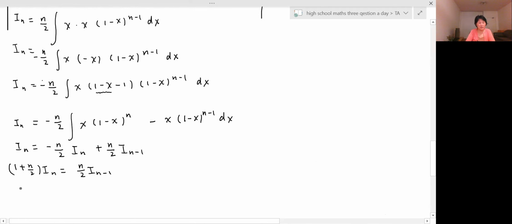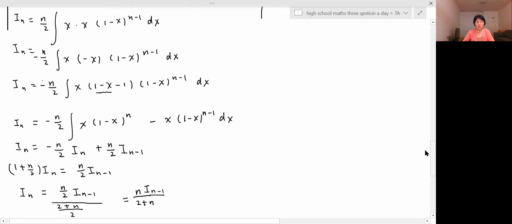Okay, so now I_n will be equal to n on 2 times I_(n-1), then divide by (2 + n)/2. Okay, which equals n on (2 + n) times I_(n-1).